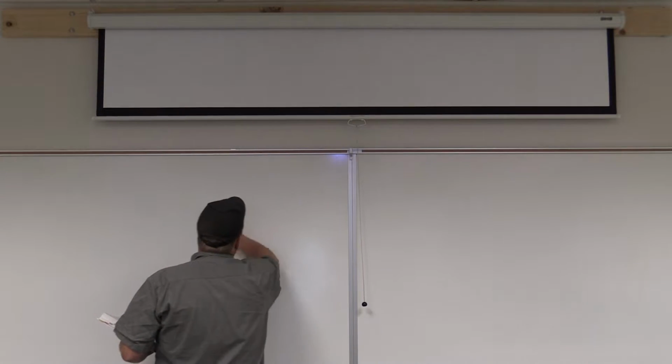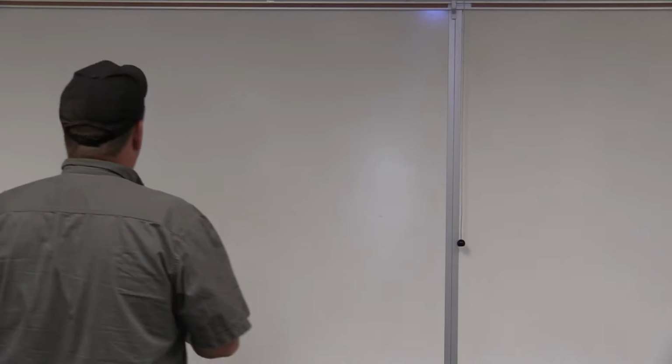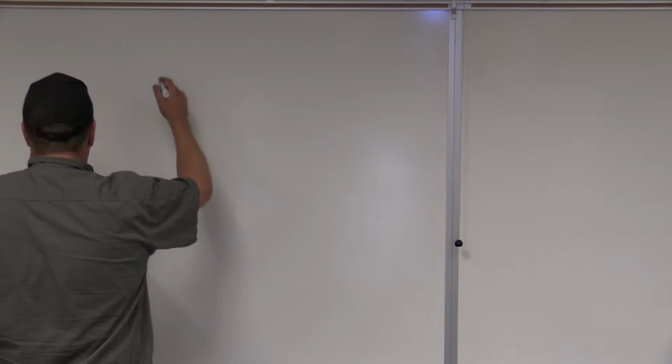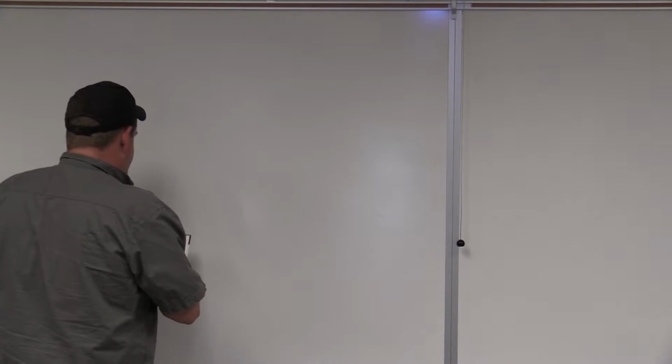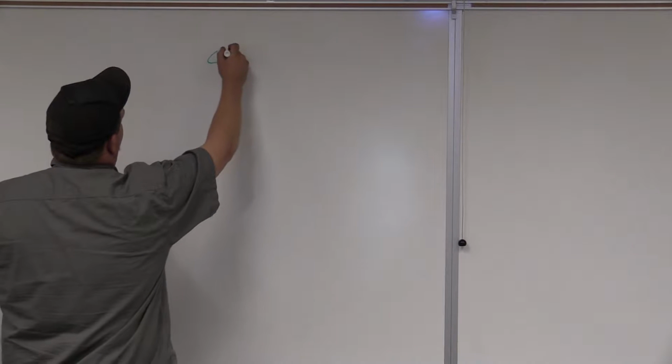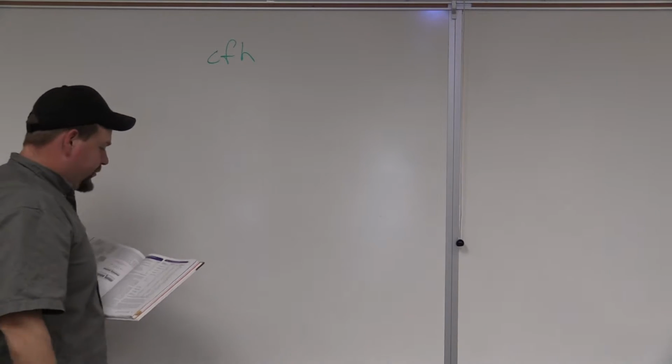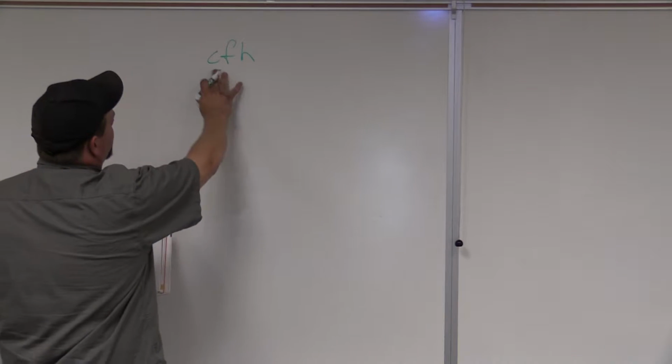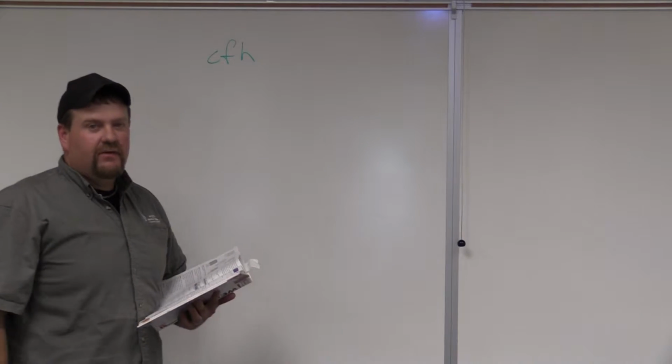Okay? Check the camera, make sure you can see. I'm going to zoom in a little bit. So we're under flow rate, say we're at cubic feet per hour. In welding terminology, a lot of what we're going to see is CFH.